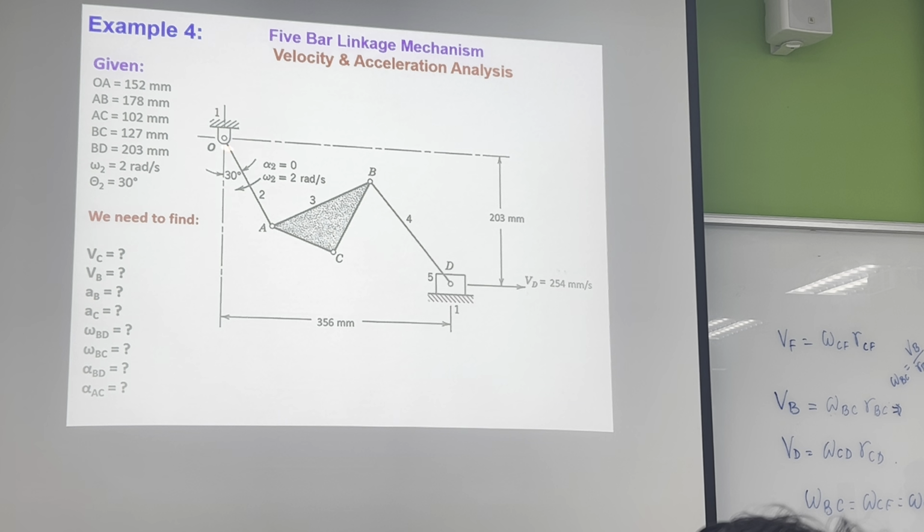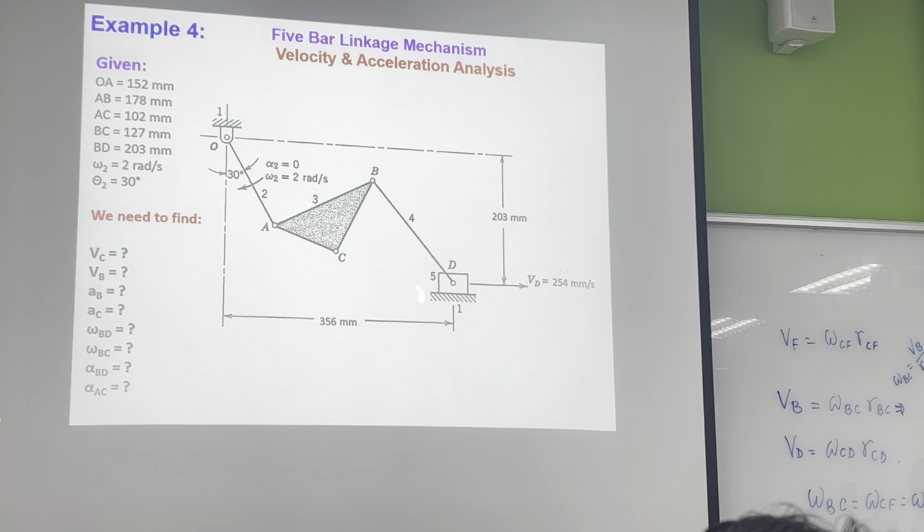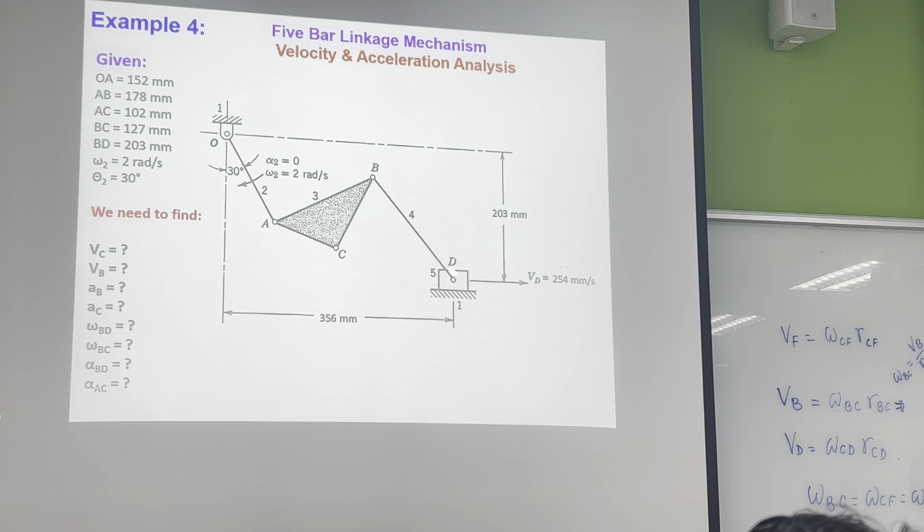So link 2 is a moving link, rotating in relation to O, and our ABCA, another link, is also moving, and our BD is also moving, and our piston D is also moving. So we have 4 moving links. Link 2 is our OA, link 3 is the triangle, BD is our link 4, and link 5 is the piston having the motion. And of course ground 1, so it is a 5-bar linkage mechanism.